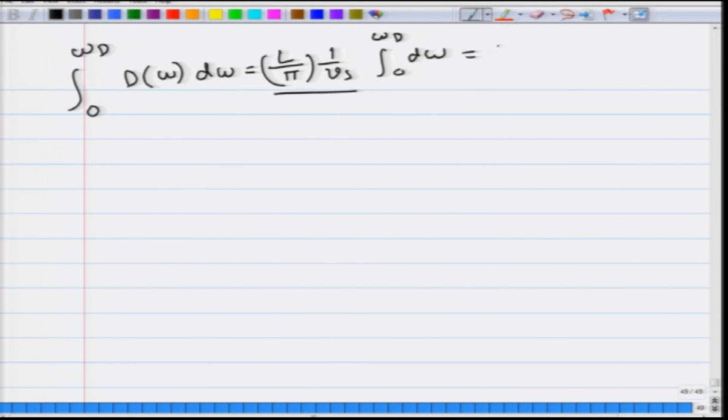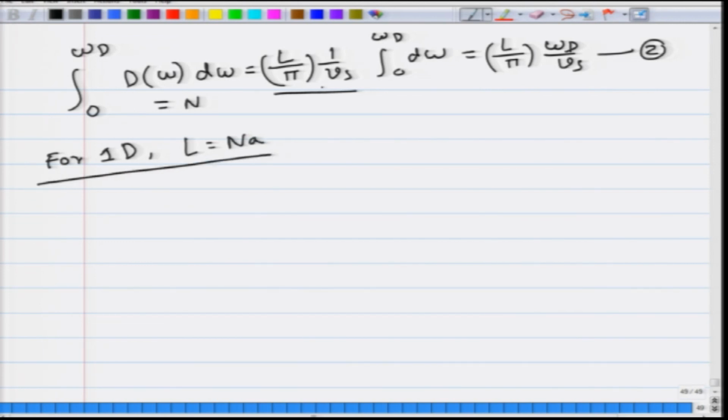So it means L by pi omega d by Vs, this is 2. Then write it as equation 2, and again we know that this is equal to n, the total number of modes. So for 1D, we know L, the total length, is n into a, the total number of modes into interatomic spacing, or total number of atoms in a monoatomic lattice.